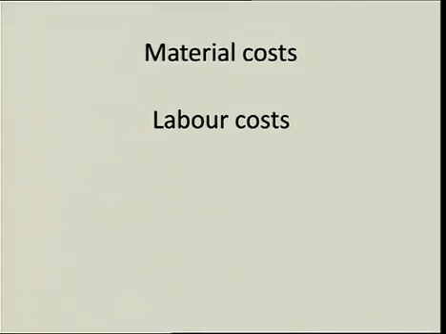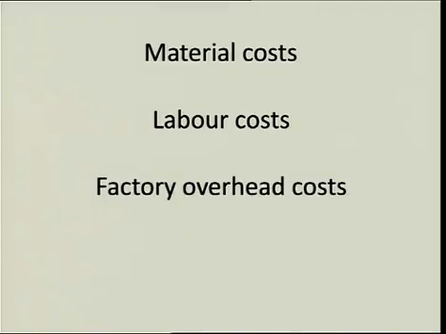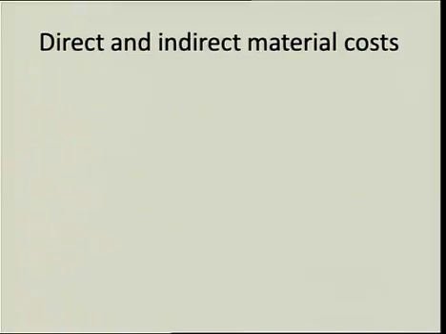And then there's factory overhead costs. Today we're going to focus on those three costs, because we're going to do the production cost statement. Those are the three costs that go into your production cost statement: material costs, labor costs, and factory overhead costs.